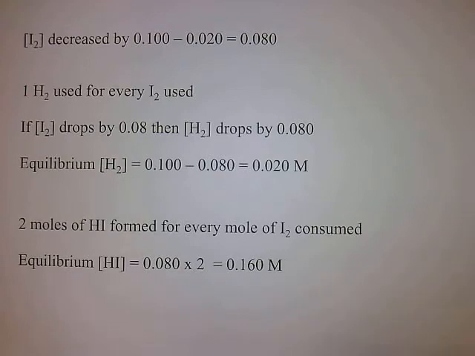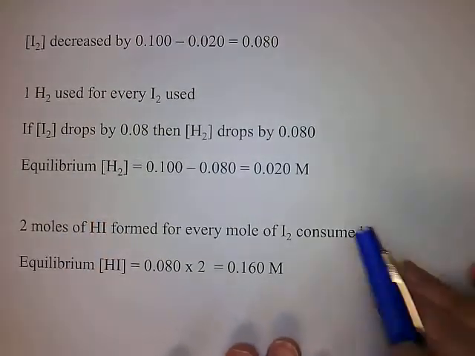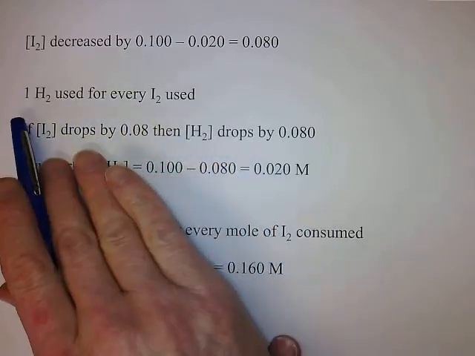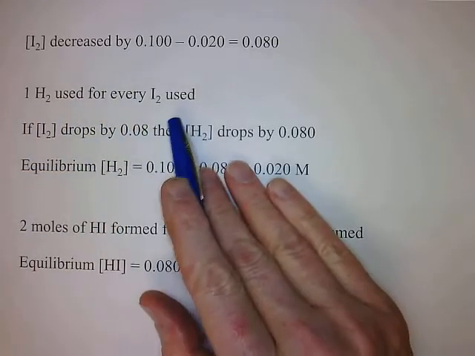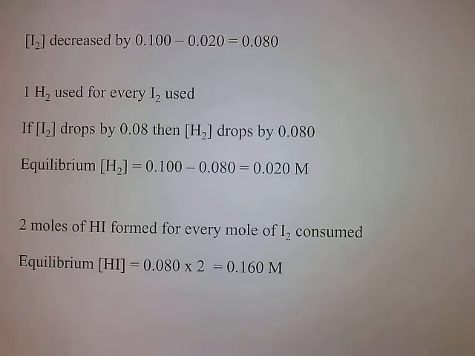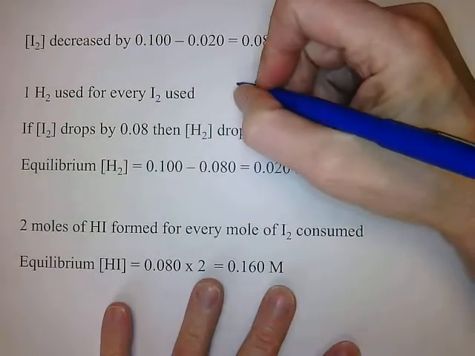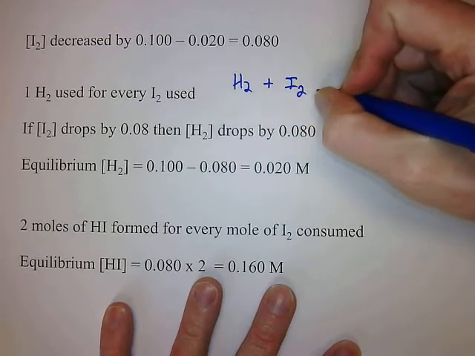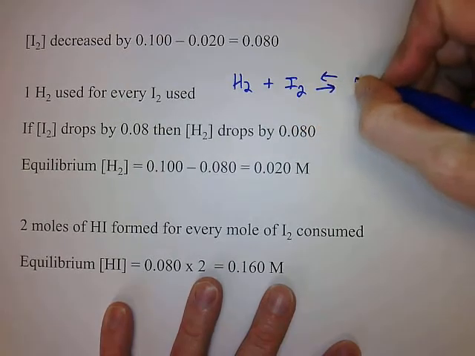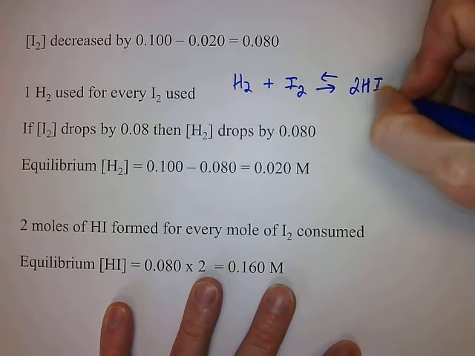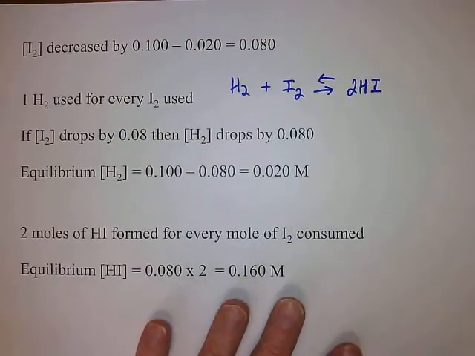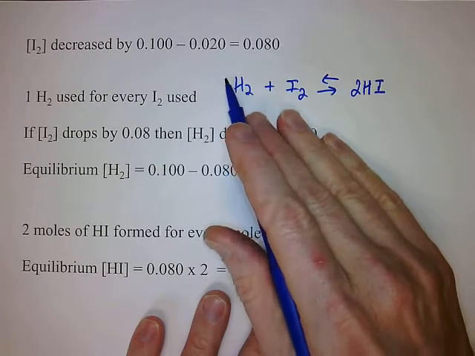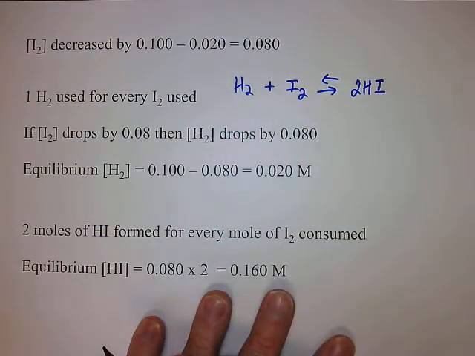Now we know that you have one H2 used for every one I2 used. Well, you know that. Look at the reaction: H2 plus I2 makes 2HI. That's coming from the balancing coefficients in the equation. If you don't see a number, the 1 is implied.